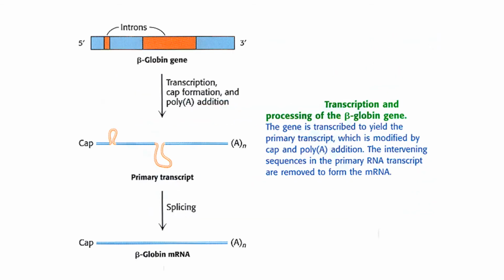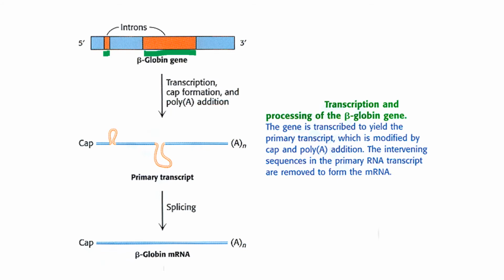This is a diagram of the beta globin gene, and it shows the inclusion of the introns. These are segments that are not needed for translation.